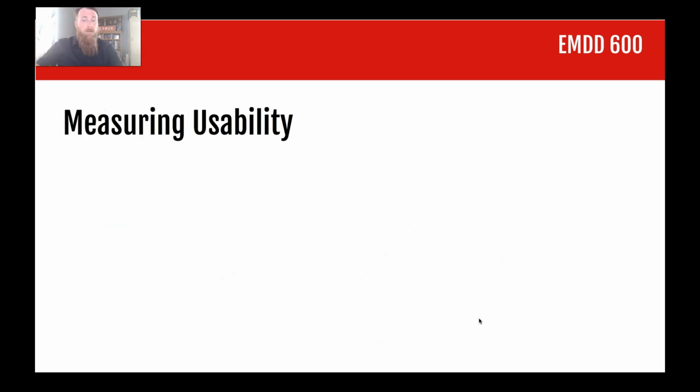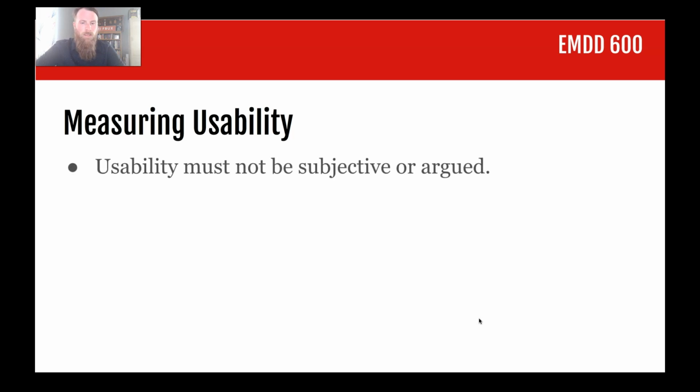So a big thing that we'll do in this class is measure usability. We'll look at so many different evaluation methods and modes of research and inquiry. And ultimately what we're trying to do with this class is to effectively measure the usability of a particular system, a number of them, and to do it in a number of different ways.